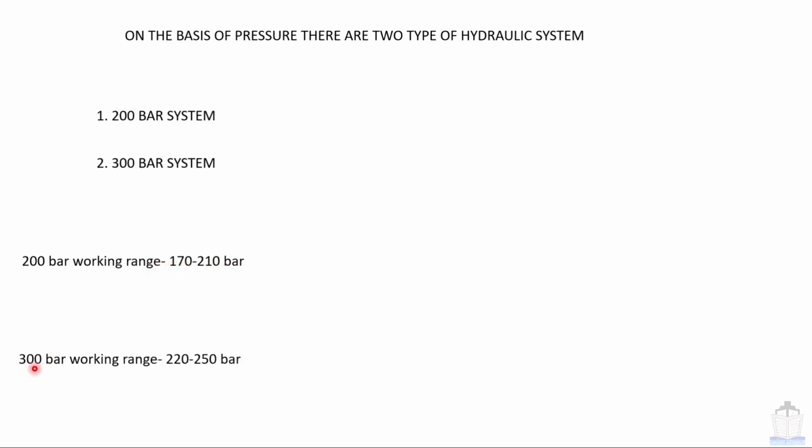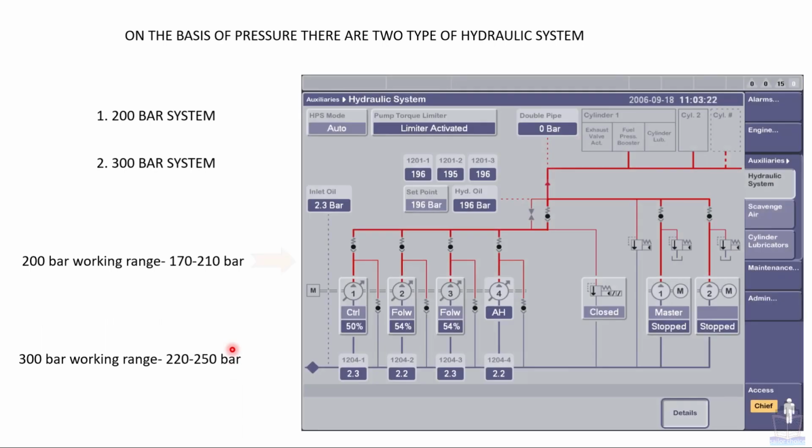On the basis of pressure, there are two types of hydraulic system. First one is the 200 bar system and second one is the 300 bar system. 200 bar working range is 120 to 210 bar and 300 bar working range is 220 to 250 bar. Now let's see with the help of an example.